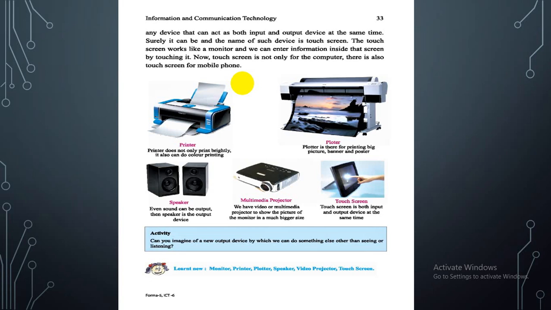Then, we got the multimedia projector. We have a video or multimedia projector to show the picture of the monitor in a much bigger size. And the last we got the touch screen. Touch screen is both an input and output device at the same time. So dear student, we have learned these things: monitor, printer, plotter, speaker, video projector, and the touch screen. These are all output devices.